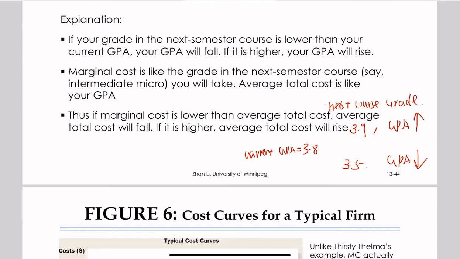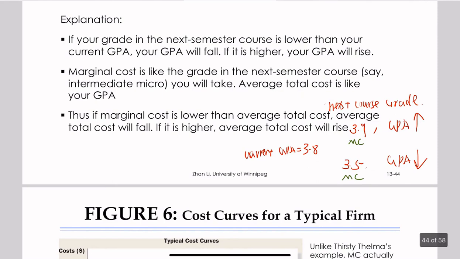And if you can understand this result, then you will be able to understand how the marginal cost curve and the ATC curve are related. The reason is because the marginal cost curve is just like your next course, right? So these are the analogy to this marginal cost.